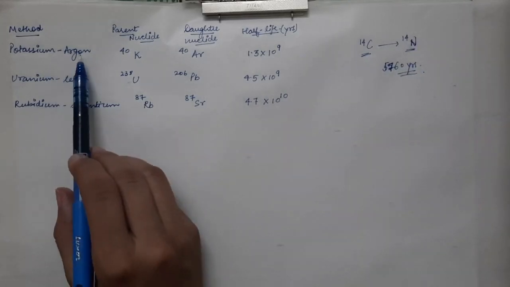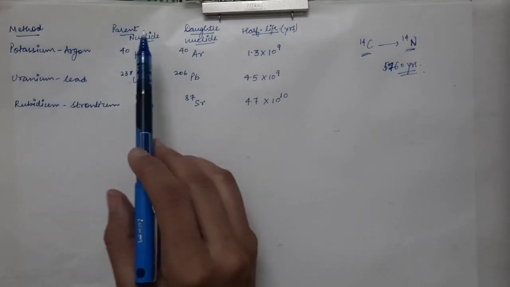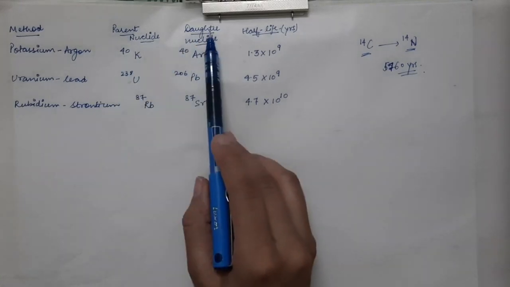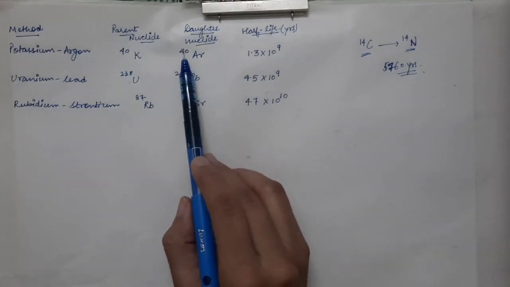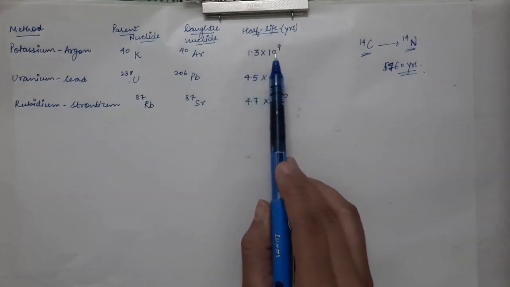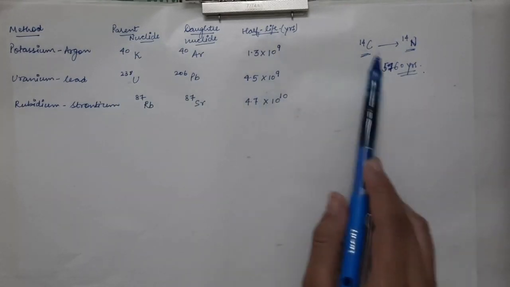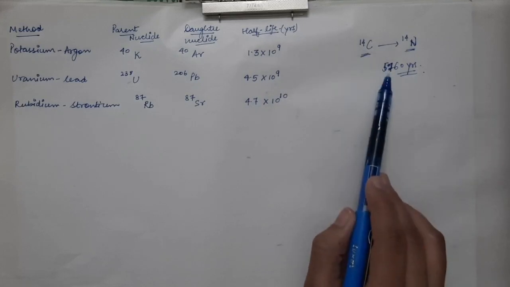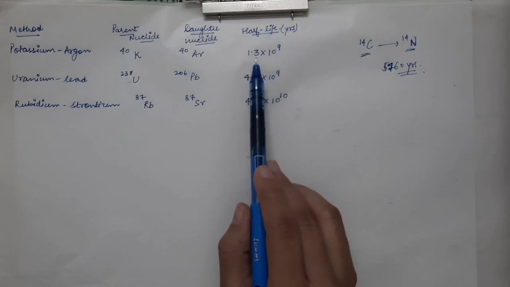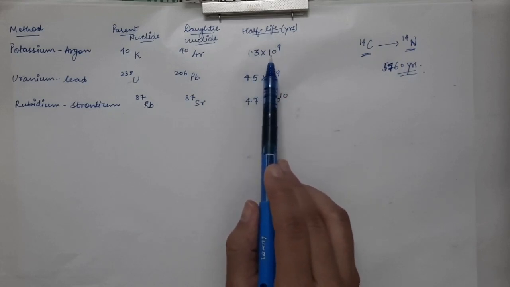Now in the potassium argon method, the parent nuclei is potassium 40 and the daughter nuclei is argon 40, and the half-life of potassium 40 is 1.3 into 10 power 9 years. The half-life of carbon 14 was 5760 years, but here it is 1.3 into 10 power 9.